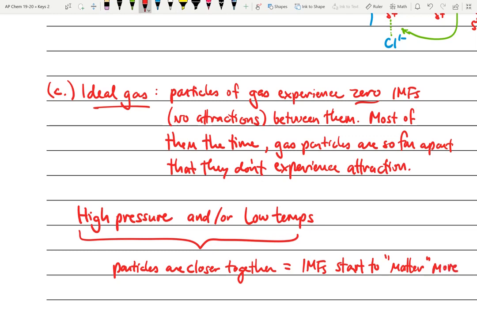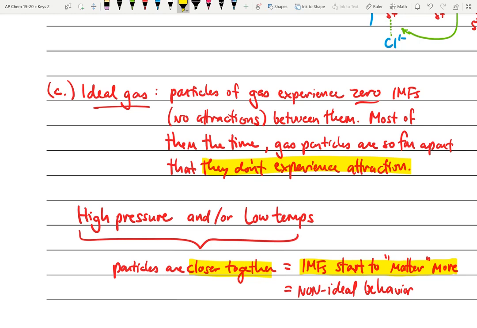And as those happen, this leads to what we call non-ideal behavior, because now particles aren't oblivious to each other like before. Before, we mentioned they're so far apart that they don't experience attraction. Well, now those intermolecular forces start to matter more because the particles are getting closer together. All right. So that's the idea with ideal gas and non-ideal gas behaviors.